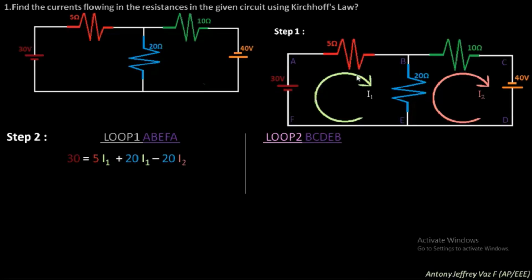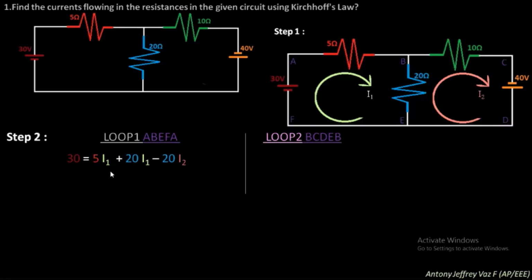You have assumed I1 is flowing through this 20 ohm resistor from B to E, whereas the I2 current is flowing from E to B. It is in the reverse direction of the I1 current. So we are going to make it minus 20 I2. This is the main point you need to work out over here.